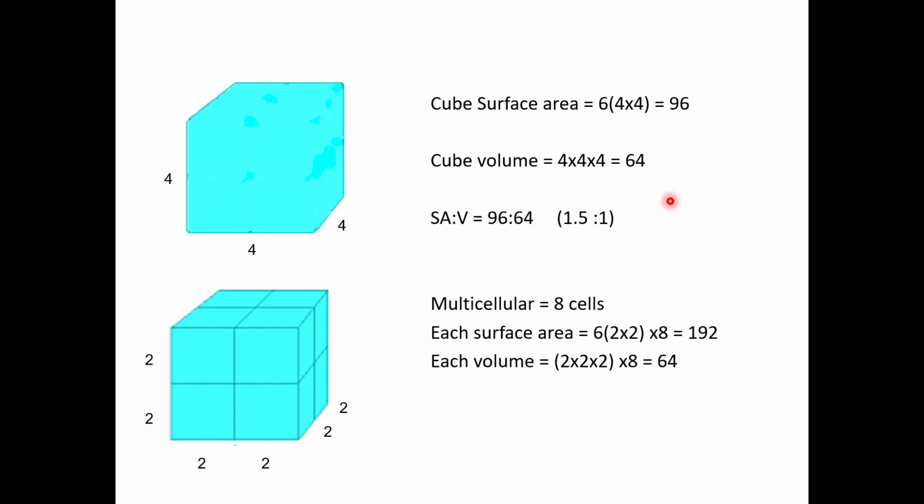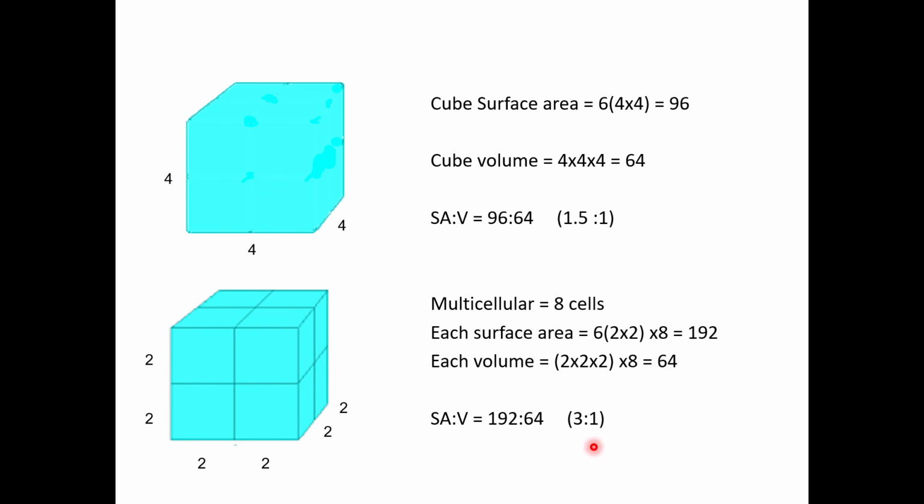Surface area to volume ratio for my solid cube, 96 to 64, is about 1.5 to 1. Surface area to volume ratio for my multicellular organism, 192 to 64, is 3 to 1. I just doubled the surface area to volume ratio simply by having multiple cells, and it ends up being the exact same size as my original cube.